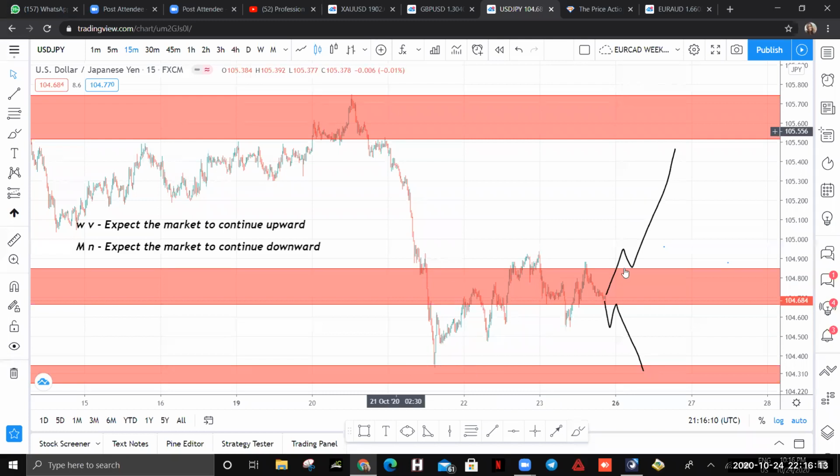I've seen a stick and flag, which continues downward. I've seen the Egyptian cone, which is telling me downward. I will now wait for price to break out of my zone, retest it, then I will know that yes, this trend is strong. So this is what I'm expecting by next week for USD/JPY: for price to break out from our zone before we can confirm the direction in which we are going. I'm sure that is okay for USD/JPY.